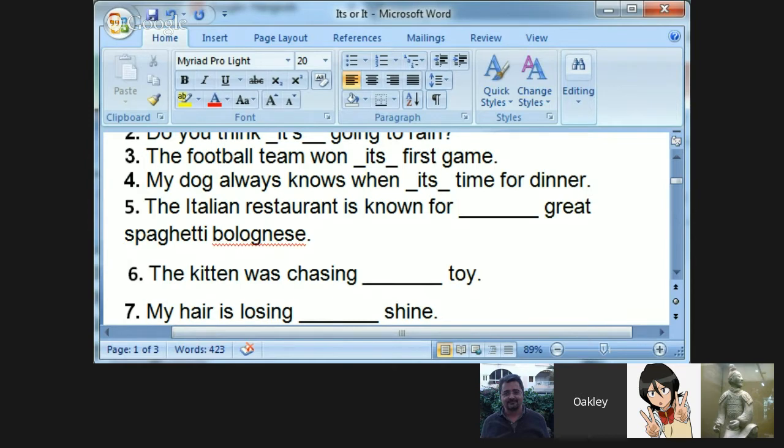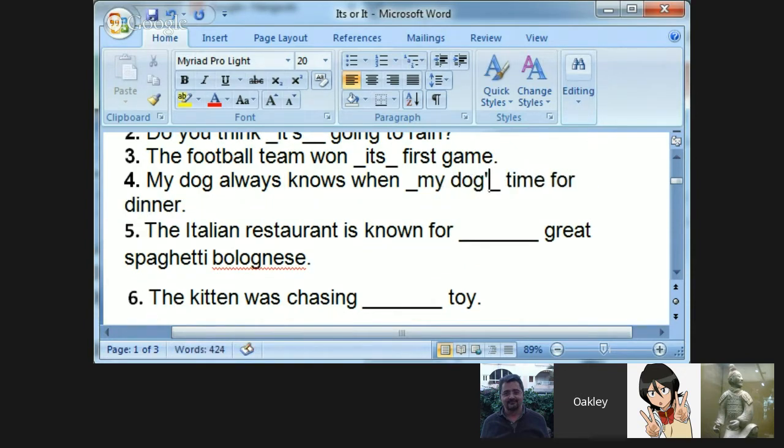No, it isn't. Okay, now this is where it gets a little confusing. Does this refer to the dog? Can we put the dog back in this position? My dog always knows when my dog's time for dinner. Would this make sense? No.